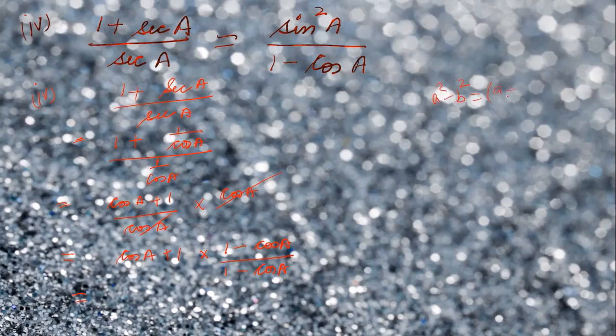So by that you can write 1 plus cos A and 1 minus cos A is 1 minus cos square A upon 1 minus cos A. And by the first identity, sin square theta plus cos square theta is 1, so you can write it like this: sin square A upon 1 minus cos A. And this is your right hand side.